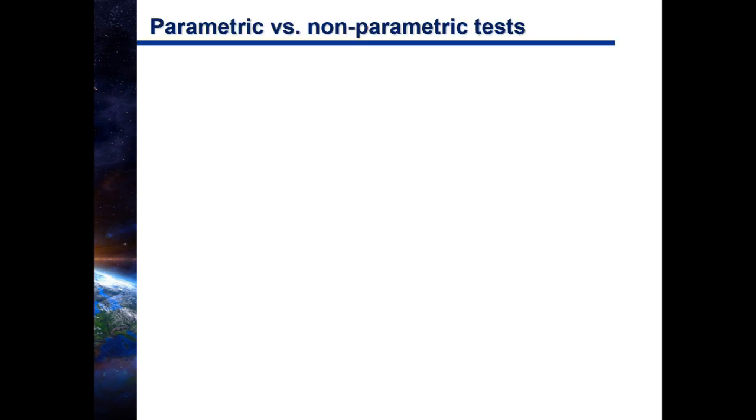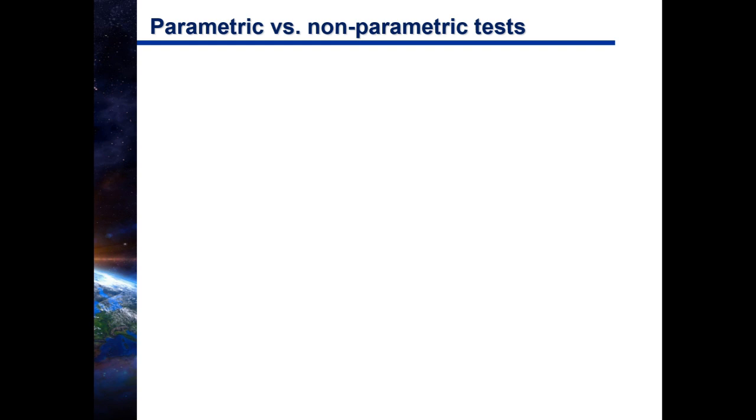All right. Before we go into the different types of t-tests, I want to talk to you about the parametric and non-parametric categories that we have for these inferential tests. When we look at the whole slew of hypothesis tests or tests of significance, they can be grouped into one of these two categories.